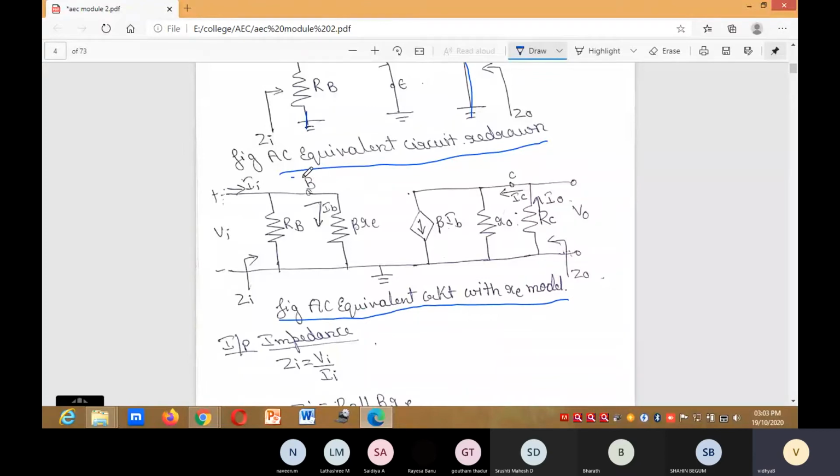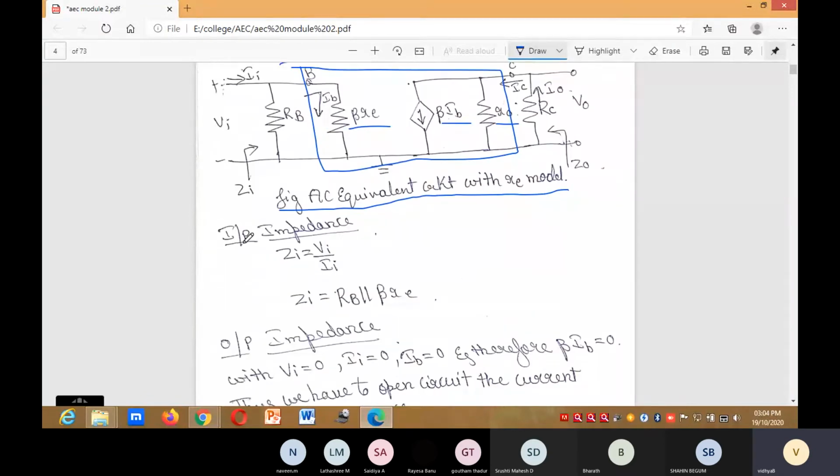The re model means we will add these extra terms, that is beta re, beta IB and r0. This is base, collector and emitter. So for the base, RB is connected and this is beta re, beta IB, r0, and for the collector, RC is connected.